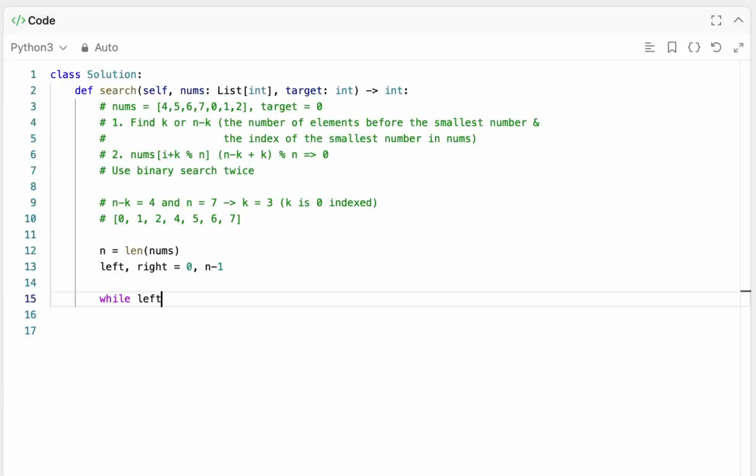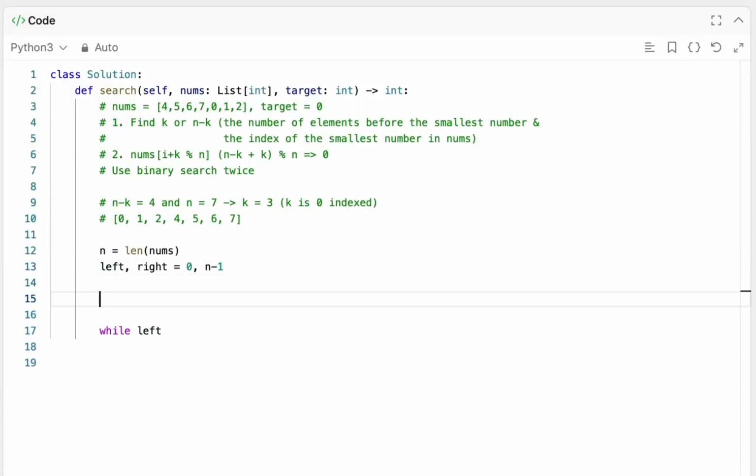There's one thing I want to make sure of here: if we have nums of length 1, it's pretty simple. If it corresponds to the target, we can immediately say yes, else we return -1. Why do I want to do it? Because with this binary search, I really want to keep at least length of 2.